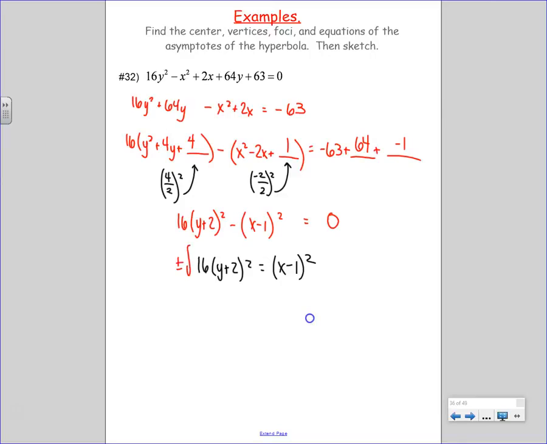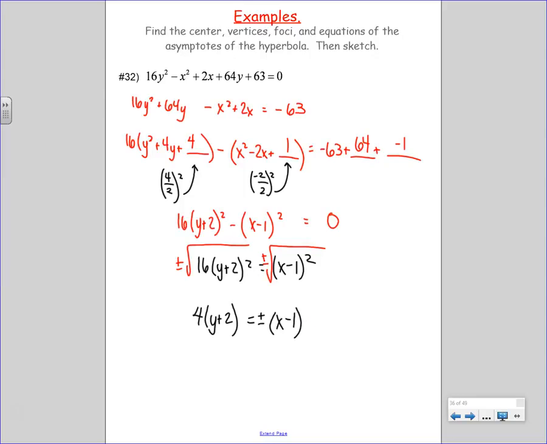When I plus or minus square root, well, it's kind of convenient. They're both squared. This one would be 4 times y plus 2. This one would be just x minus 1. Technically the plus or minus, some of you would think they would cancel out, but in all reality, think about all the different combinations: positive over positive, positive over negative, negative over positive, negative over negative. You're going to end up with the possibility of still having a plus or minus.